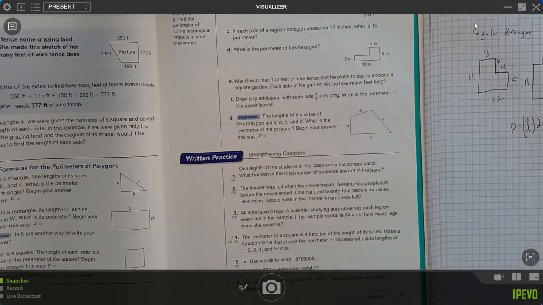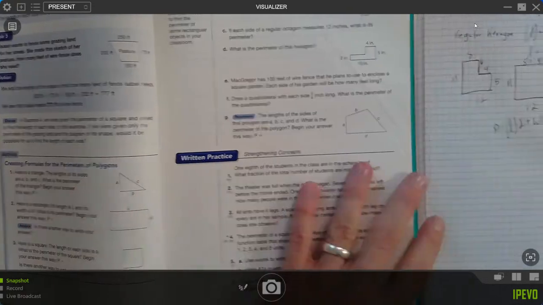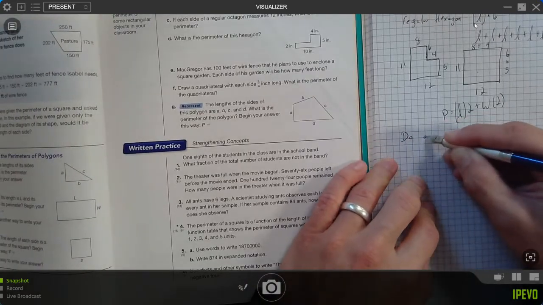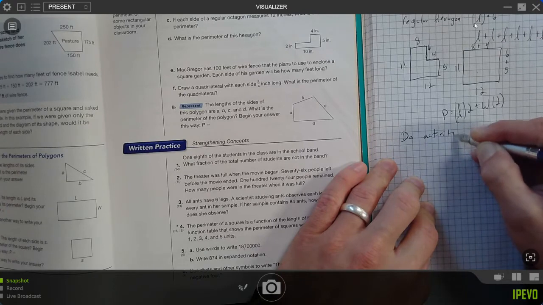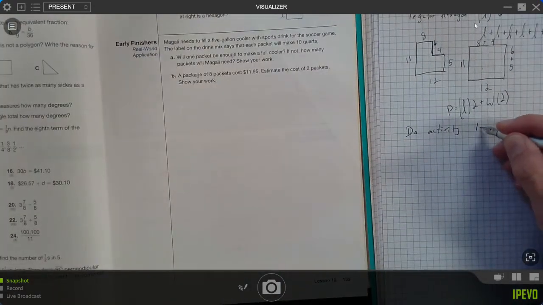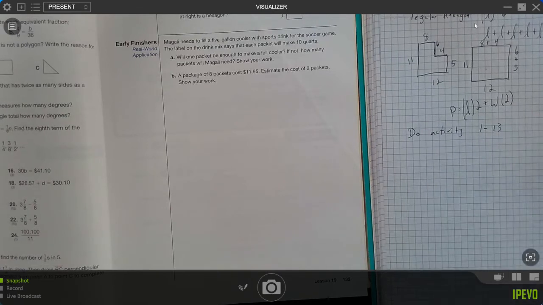Yeah, I don't think there's really much for me to go over. I think you guys will be able to do this just fine. I do want you to do the activity. The activity will be part of what I want you to do. So do the activity, and then we'll do 1 through 13. 13 is a little tricky.